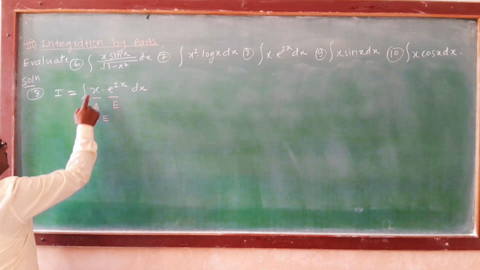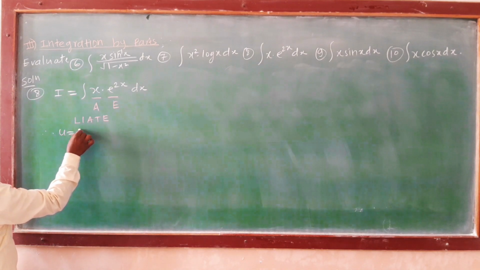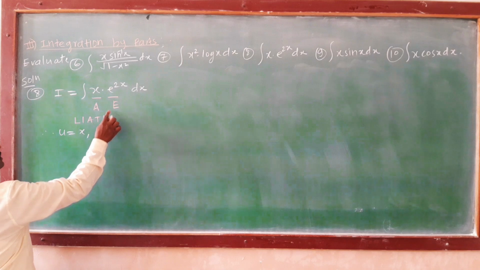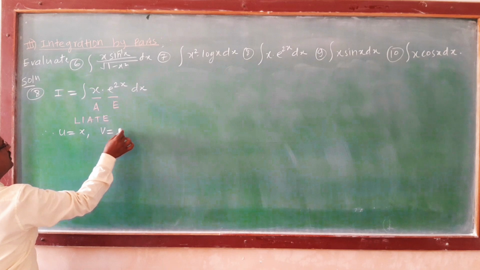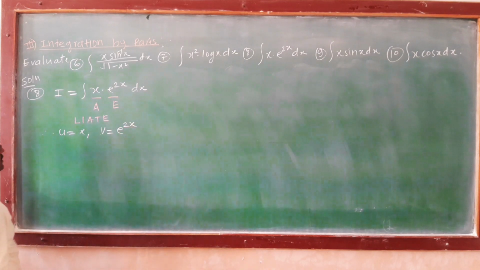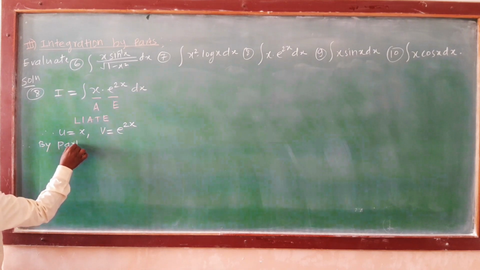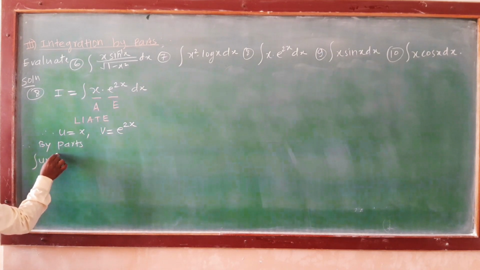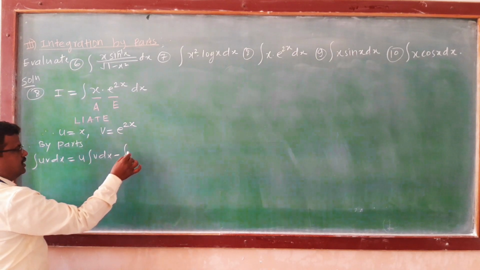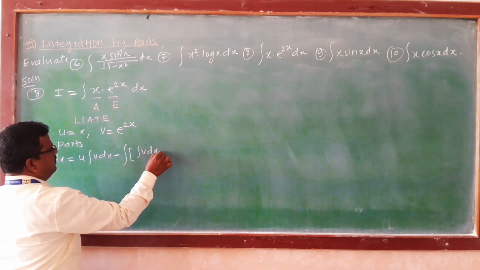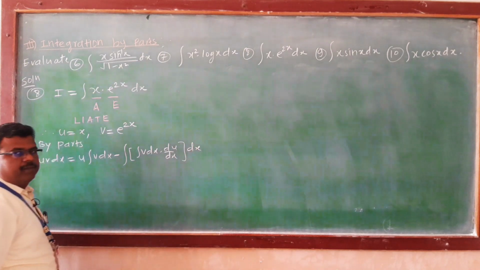So call the first function x. Therefore u is equal to x, and E is last. Therefore call e raised to 2x the second function, that is v, e raised to 2x. Now by parts, the integration of u v dx is u times the integration of v dx minus the integration of [the integration of v dx into du by dx] with respect to x.